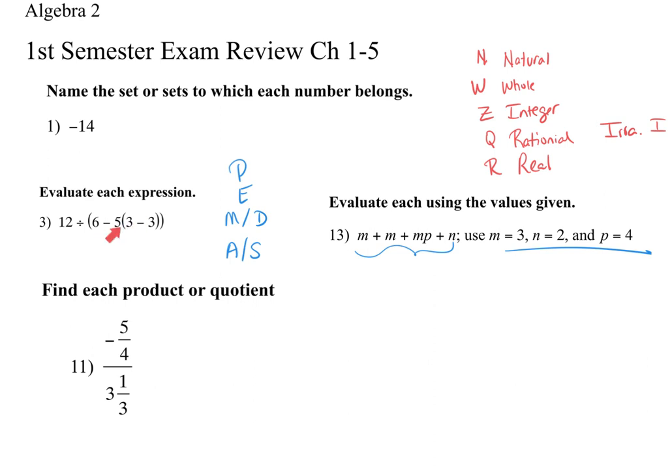Then we would do, within this parentheses, the 5 times 0. So then we have 6 minus 0, then 12 divided by 6. So you would just do inside out if you have multiple sets of grouping. All right, grouping first. Within the grouping, do order of operations. Exponents, multiplication, division, addition, subtraction. All right, and that's true for this set or for this set.